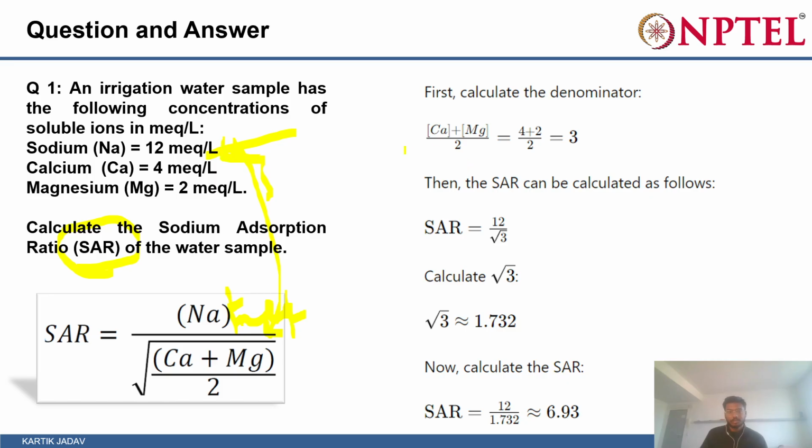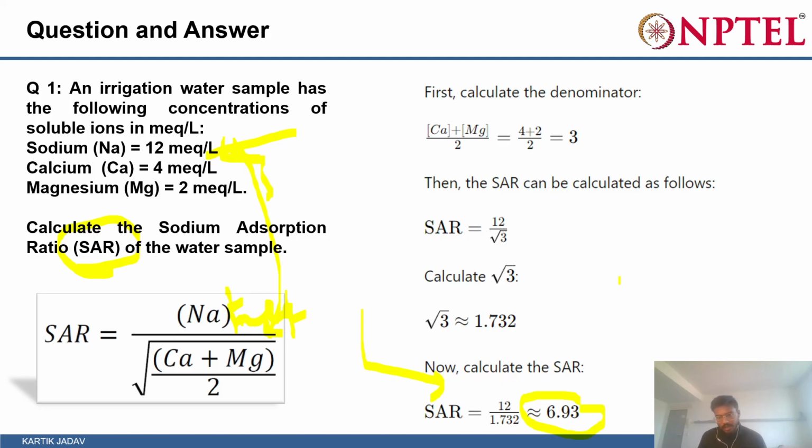So let's first put the square root of calcium plus magnesium by 2. It will be around 3. Then 12 is given for sodium. So the overall answer is 6.93. Sodium adsorption ratio is 6.93.